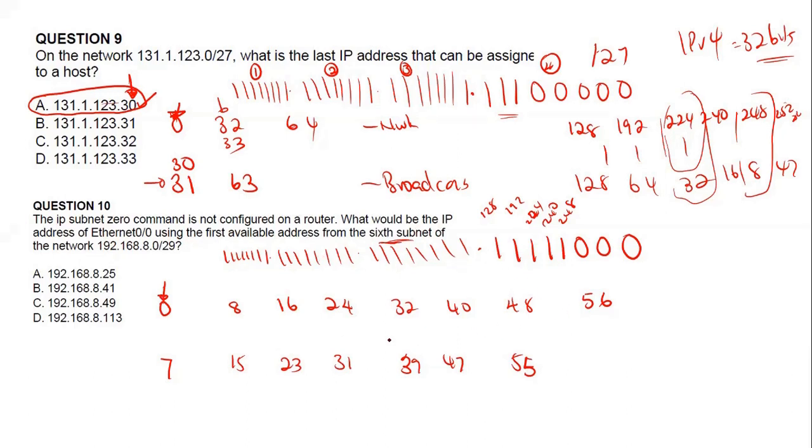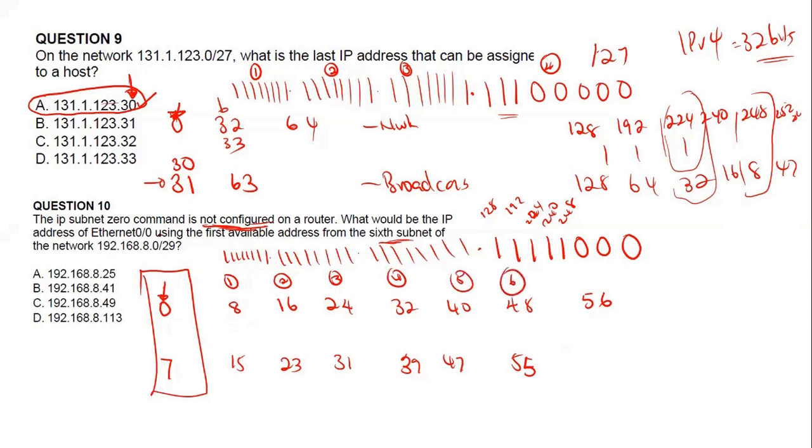These are our networks, our subnets. Since subnet 0 is not being used, this will be your first network, your second network, your third, fourth, fifth, and sixth.